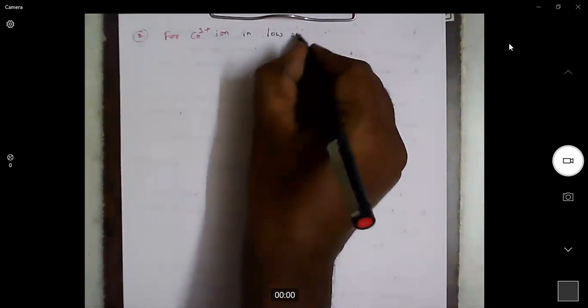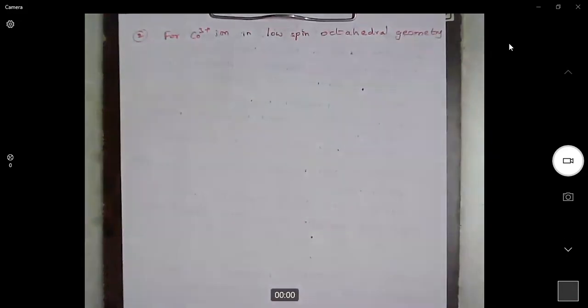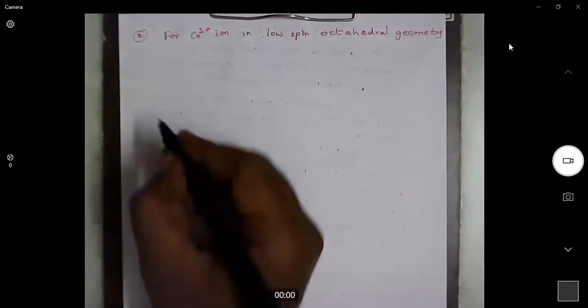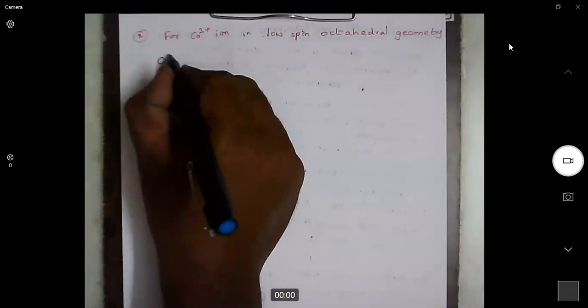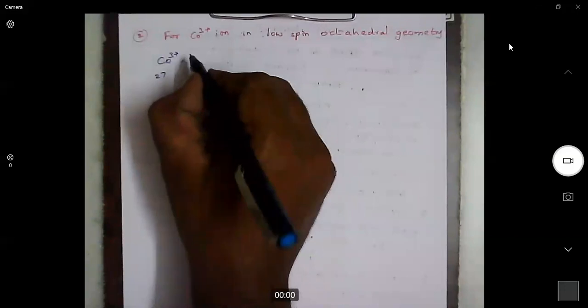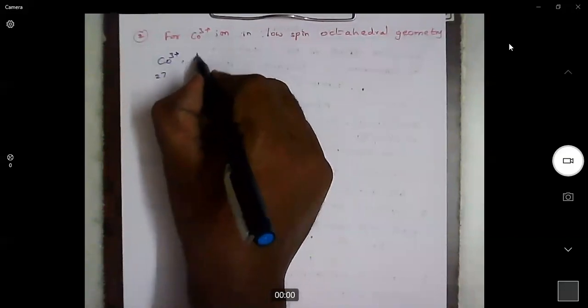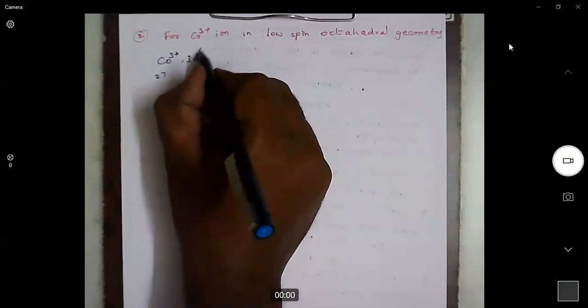Now we will look at the complex Co3+ ion in low spin octahedral geometry. Of course, cobalt ion, whose atomic number is 27, in 3 plus oxidation state, its electronic configuration is 3d6.